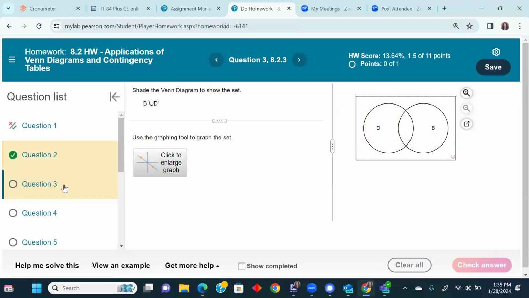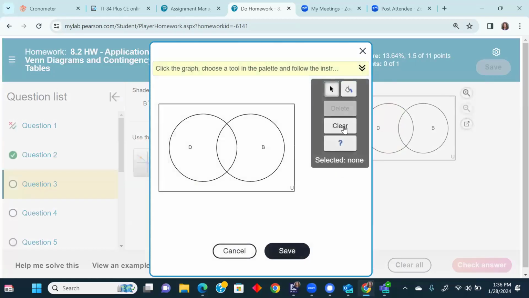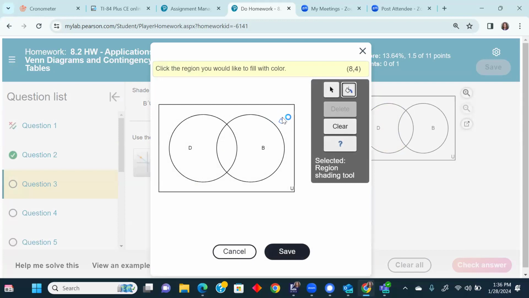All right. So I don't know if this is the right answer, but if you need to shade multiple regions, like here, it's only clicking U outside of B and D. All right, you would have to click the can again and click it a second time if you need to shade more than one region. Click it again, I want to shade here, click it again if I want to shade there.